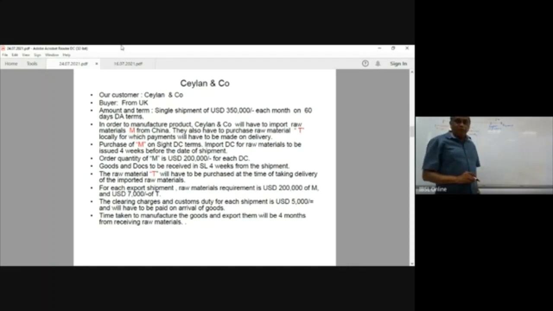For each export shipment, raw material requirement is US dollars 200,000 of M and US dollars 7,000 of T locally.